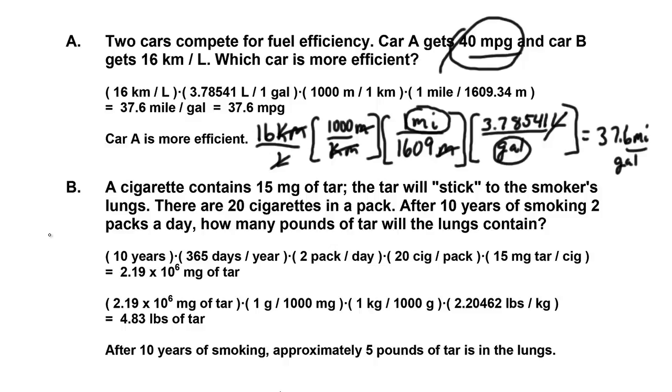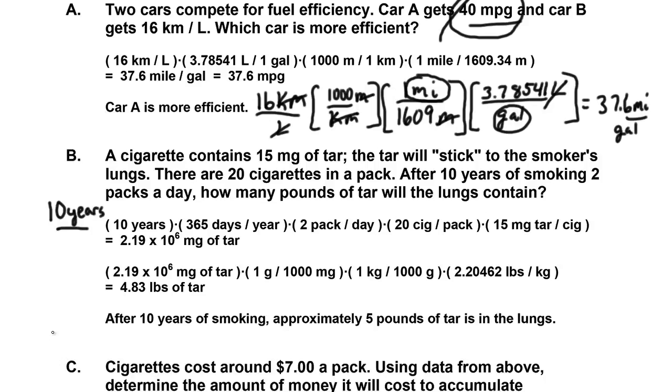So notice that we're going to go for 10 years. We are going to figure out for 10 years. So let's give ourselves a little bit of room here. So we're going to have 10 years.